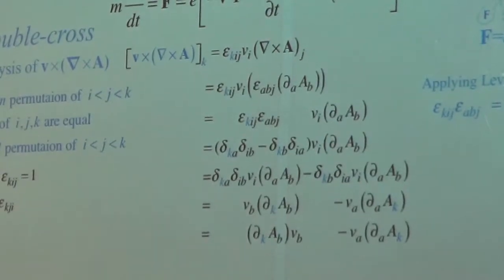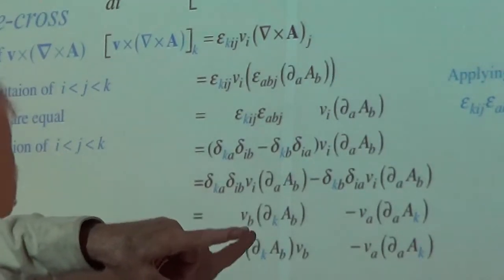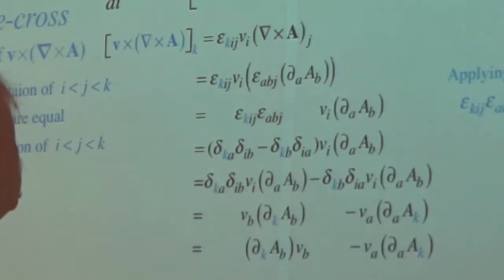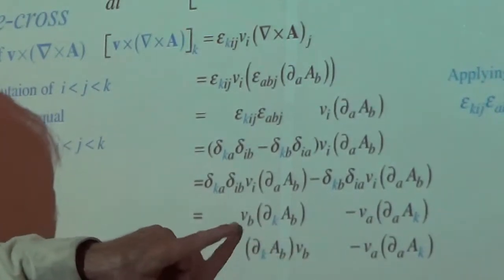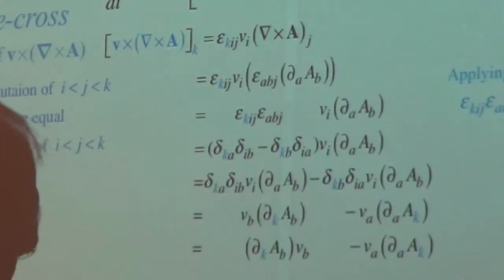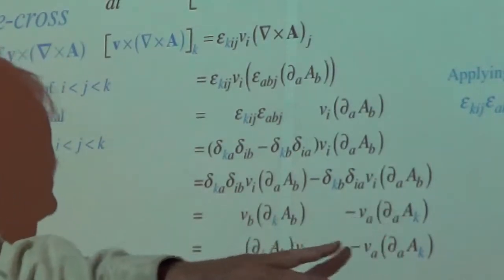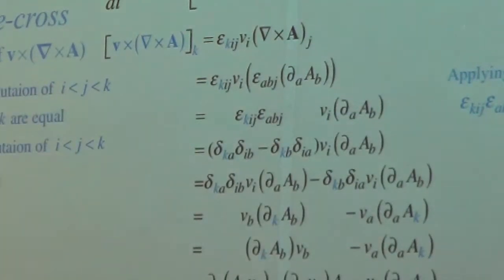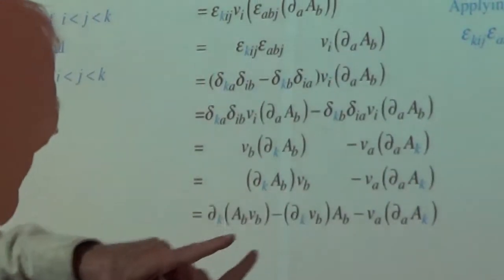So I'll end up here then with i equal to b and a equal to k, and that's a sum over b. It's repeated. So I bring that out, separating those two. They're just numbers now, so I can permute those, but what I can't be doing is permuting the derivative and the vector potential, so I have to leave them in whatever order they came. Same thing for this. So you take that and put it all together in a combination here.